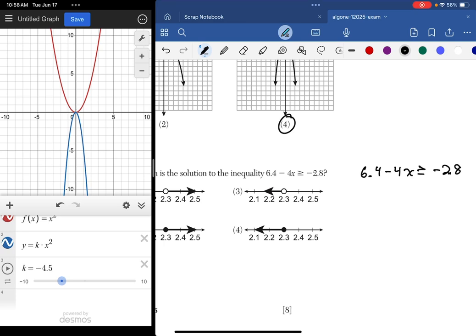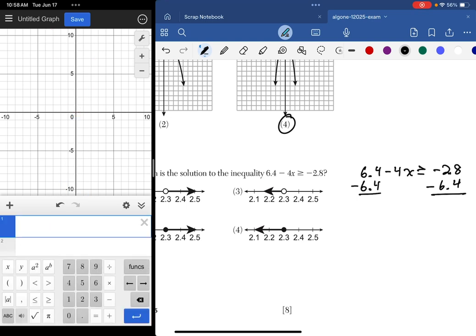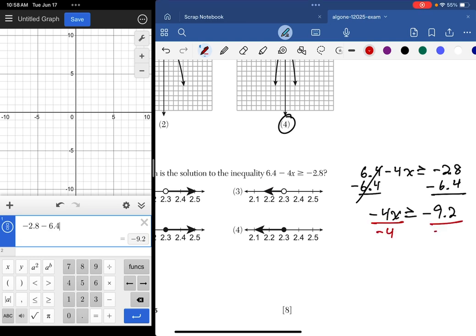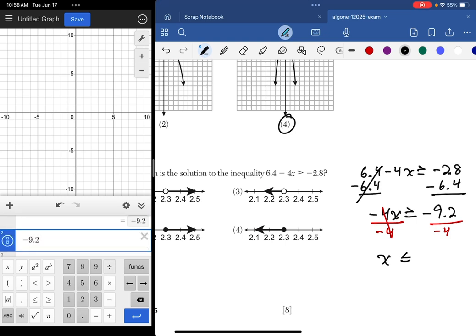There's only one x, so I want to subtract off the 6.4. That's going to get me -4x greater than or equal to -9.2. I'm going to divide out the -4. So I'll have x, but because I divided by a negative, I have to flip the sign. So then we're looking at -9.2 divided by 4, which is -2.3.